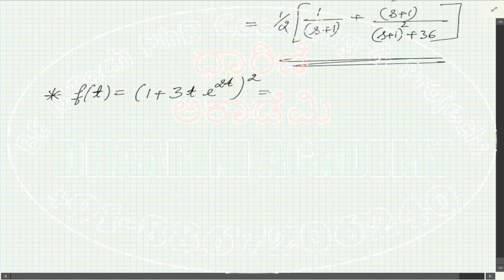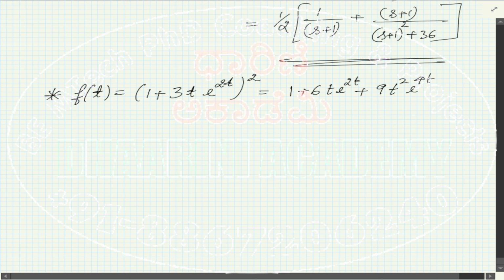Before proceeding further, let's simplify this. This is 1 plus 2ab, so 6t e to the 2t, plus b square, so 9t square e to the 4t.